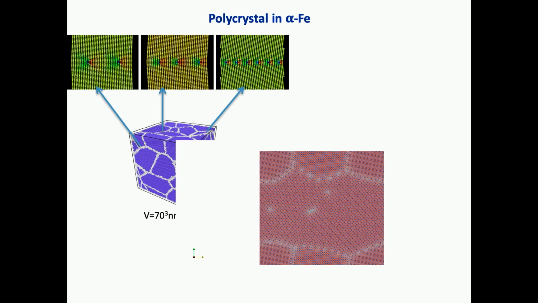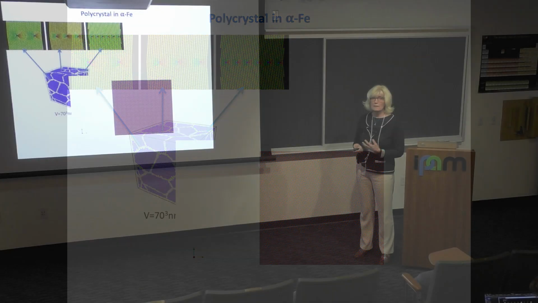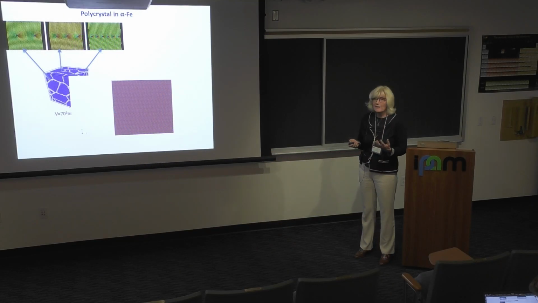Another one will move in this field, and after will coagulate and then disappear at the grain boundary in the end. So this gives us the possibility to describe this polycrystal in a big simulation box, and also to go to diffusion time.